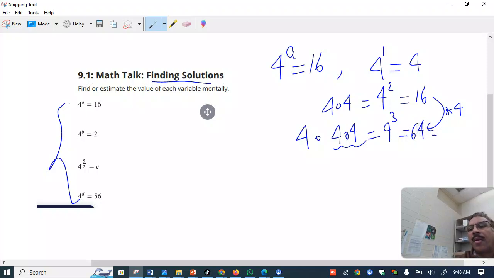Multiply one more time, that is 4 raised to 4, and you end up getting 256.